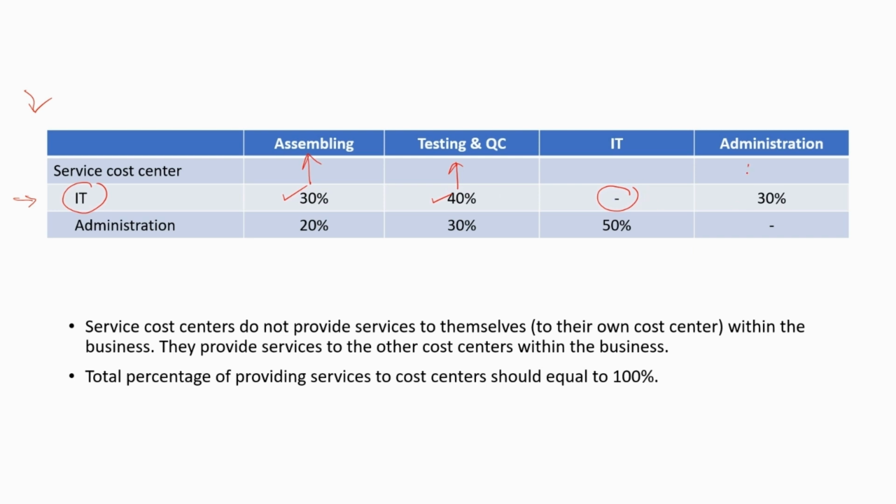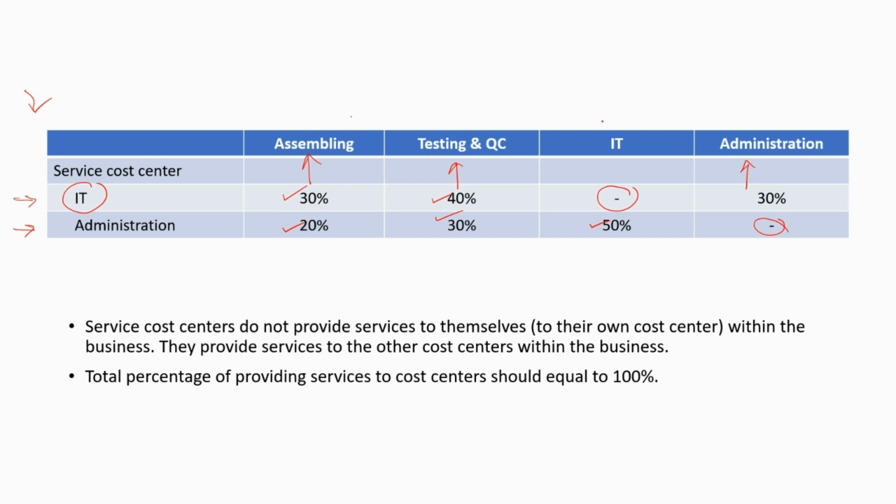And 30% of the services will be provided to the administration. And we have another service cost center, which is administration. So they provide 20% of their services to assembly and 30% of their services to testing and quality control and 50% of their services to IT, and they do not provide services to themselves.